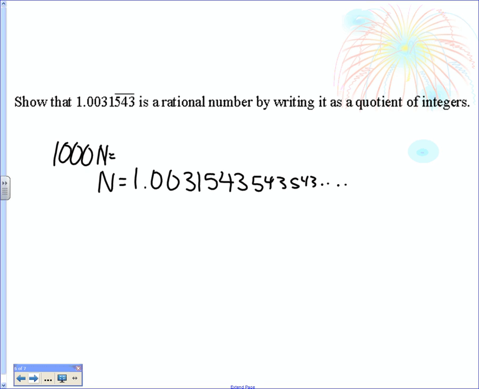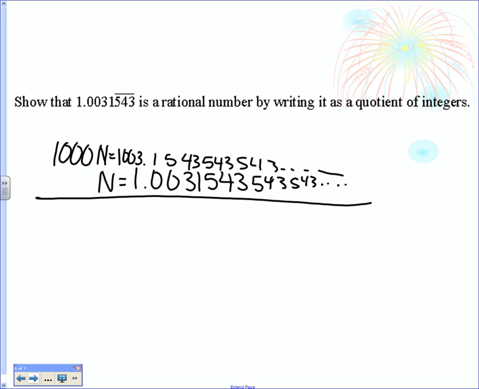Here. So it's going to be 1003 point what? 1543, and then what? 543, 543. Keeps going, right? Okay. We're going to subtract them.